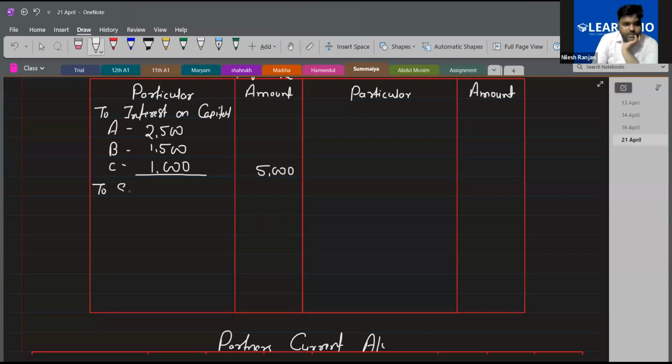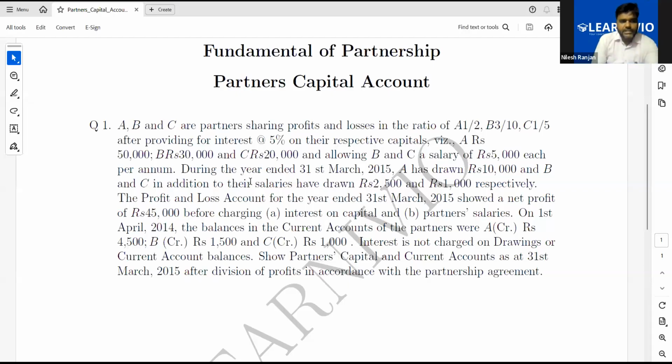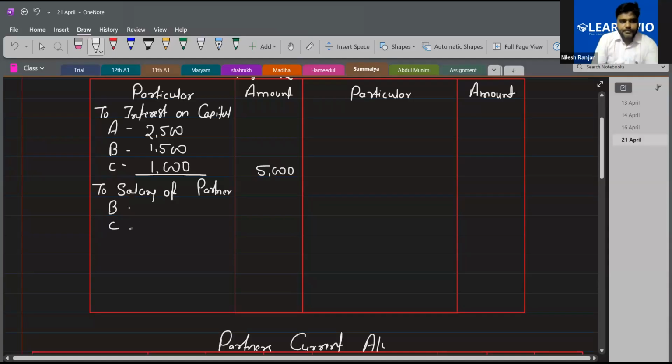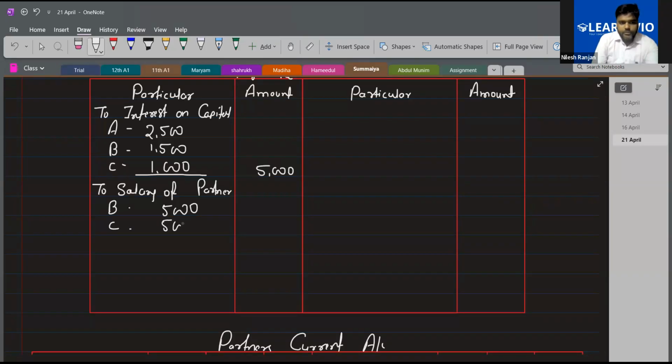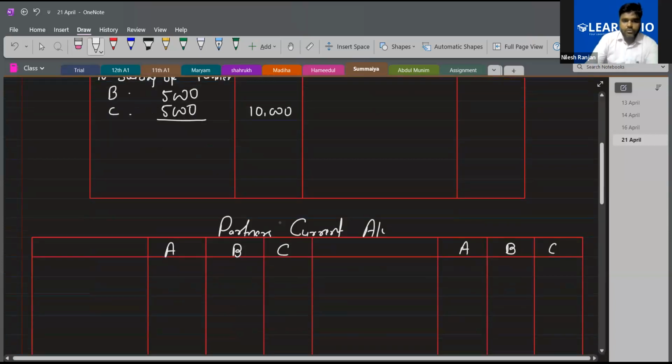Then to salary of partner. It is also given in the question. Salary of partner 5,000 each for B and C. So 5,000, 5,000, total 10,000. Now this will go in current account also.